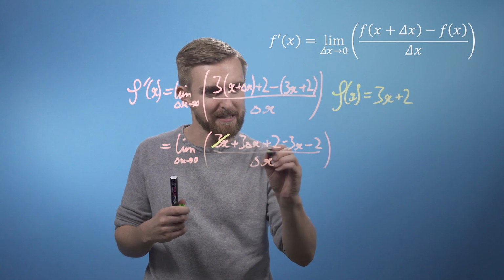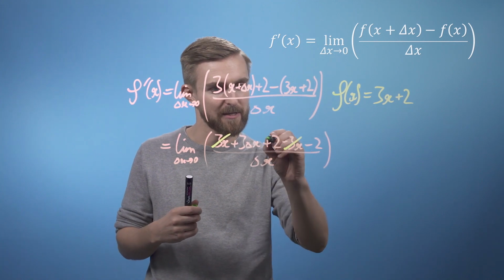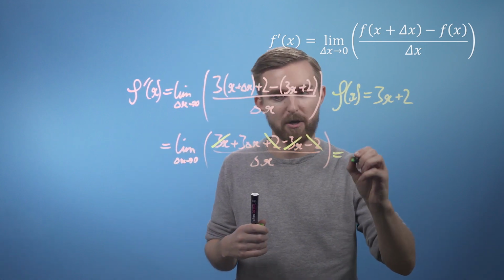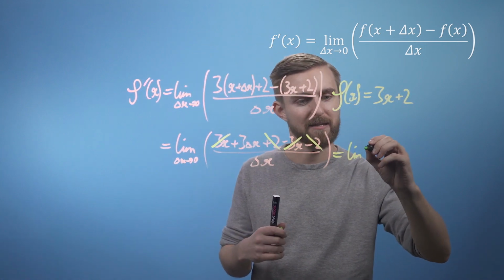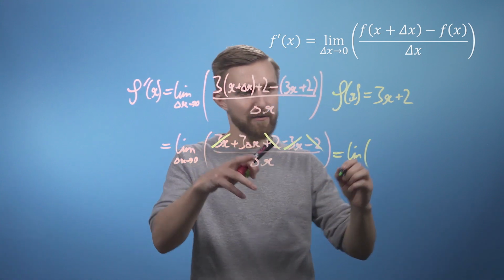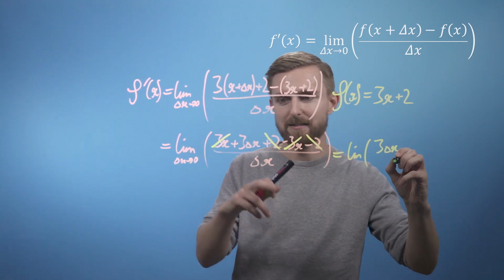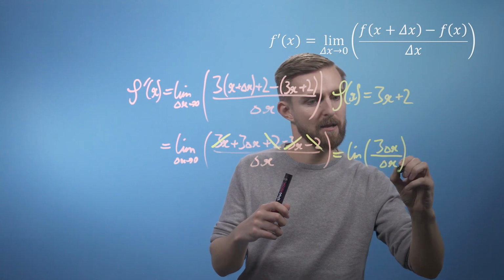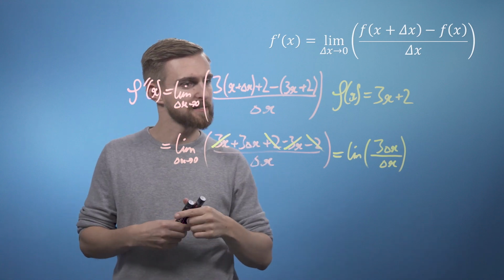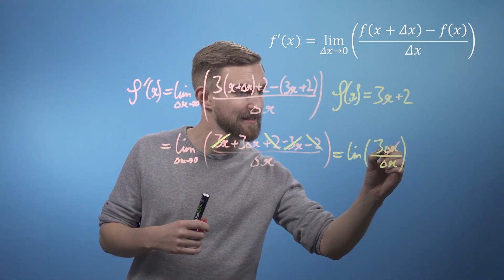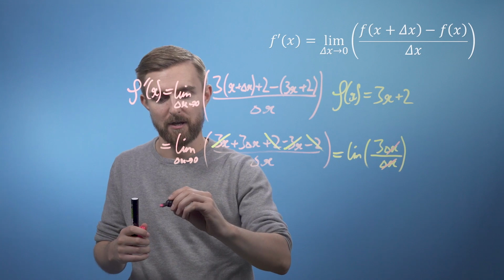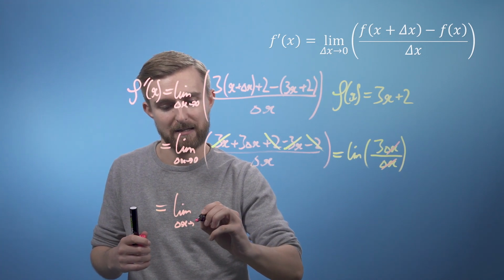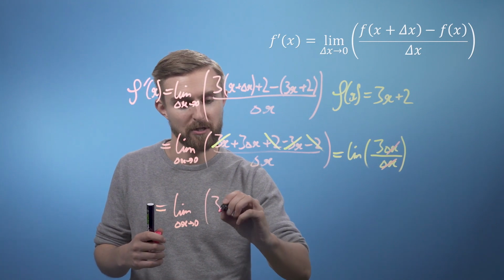So this 3x here goes with this 3x here, and this plus 2 here goes with this minus 2 here. So we can keep going with this line and say, well, the limit, and it's going to be 3 delta x all over delta x. And then working down here, we can say, okay, well, the delta x's themselves are just going to cancel. So you end up with the limit as delta x goes to 0 of just 3.